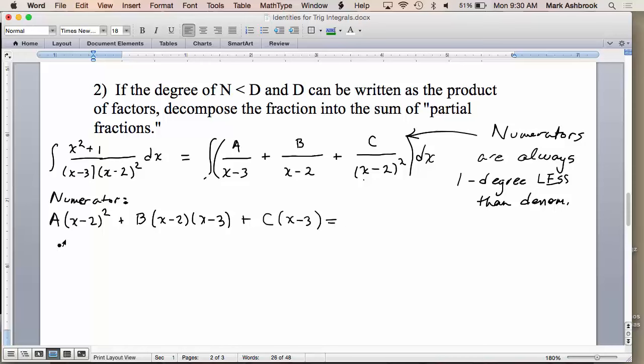Algebra time. So it's going to be ax squared minus 4ax plus 4a plus bx squared minus 5bx, check my math, plus 6b plus cx minus 3c. Check my math.